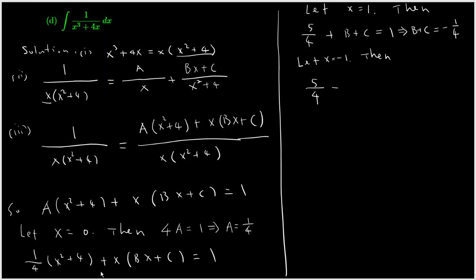And then plus x, which is negative 1, times b times negative 1 plus c. You just replace x with negative 1. I think you have b minus c, the whole thing, is equal to, the right hand side is always 1, right?